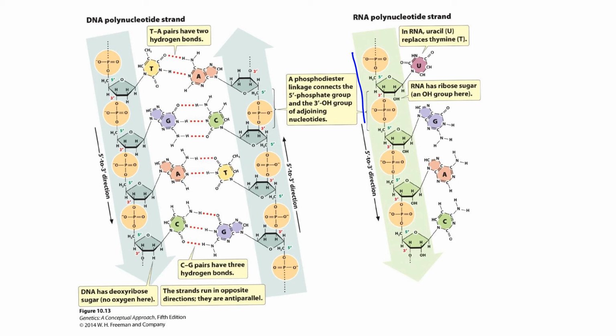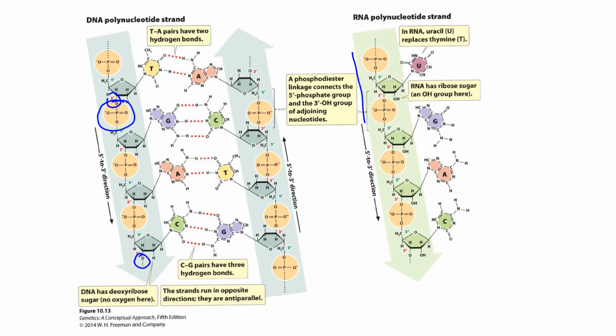This covalent bond is formed between the 5' phosphate and the 3' hydroxyl group. So a new nucleotide can be added to the DNA strand only at the 3' hydroxyl group, via its 5' phosphate.